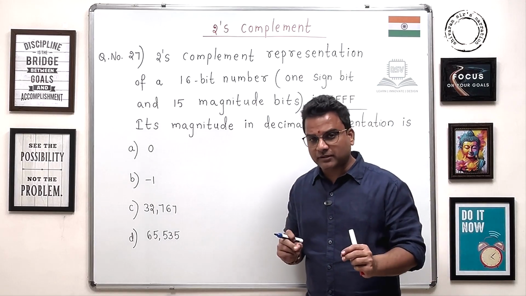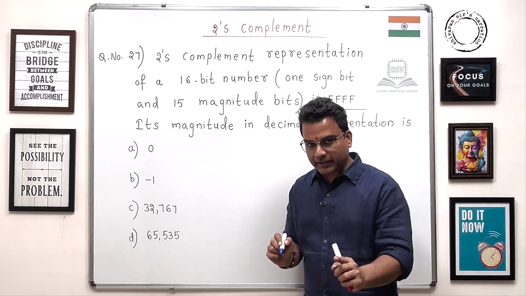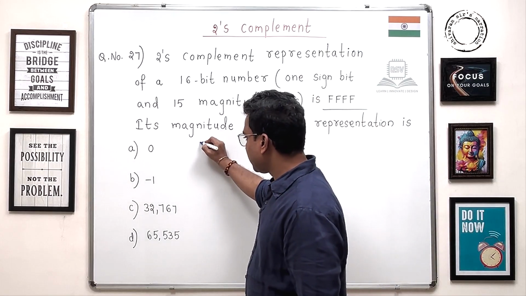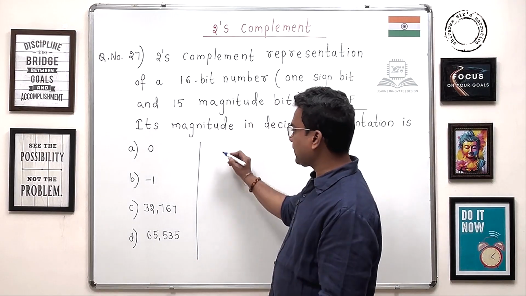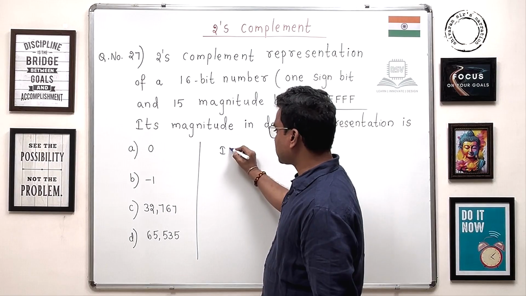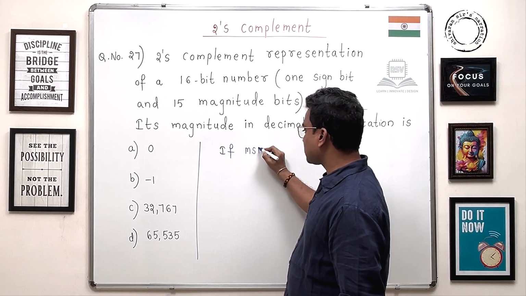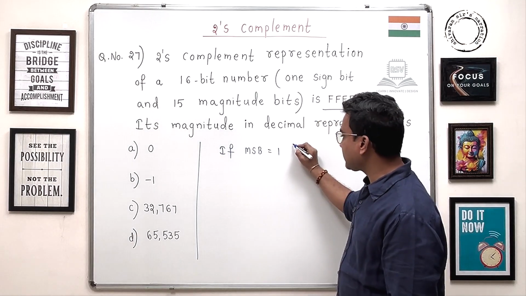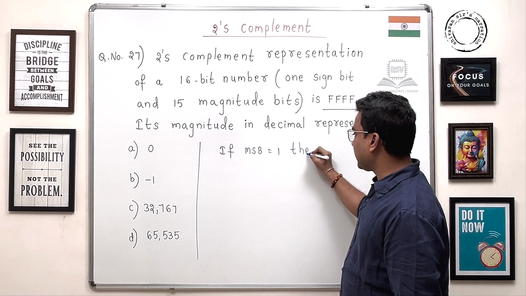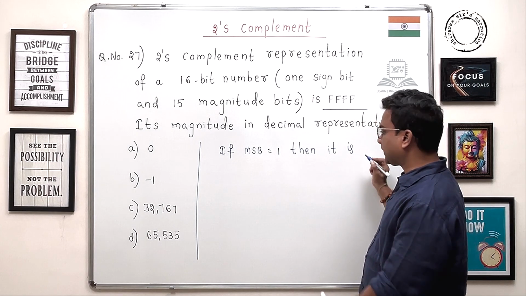Guys, the procedure is very easy. Let's consider the procedure here. We need to see the MSB first of all. If the MSB is 1, then remember, it is a negative number.